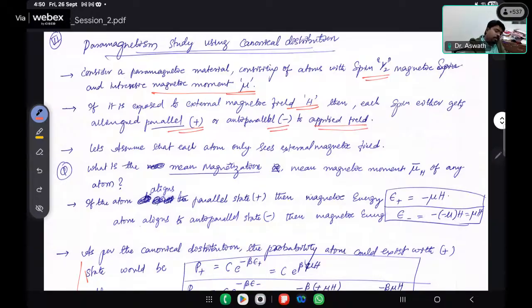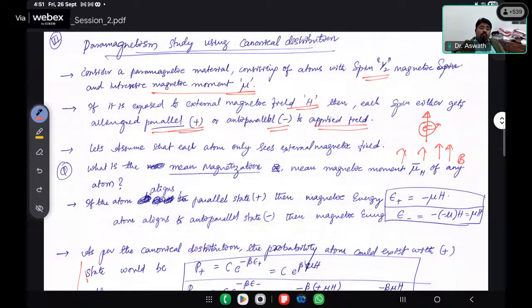What I mean is, if there is a spin half system, electron is revolving about itself. So let's say it has a spin. When there is external magnetic field B, whether it is arranged as per the external magnetic field direction or not is represented by arrangement of parallel or anti-parallel, total magnetic energy.